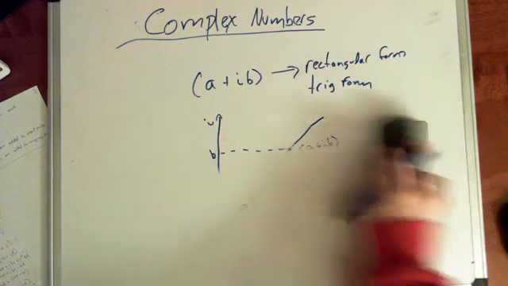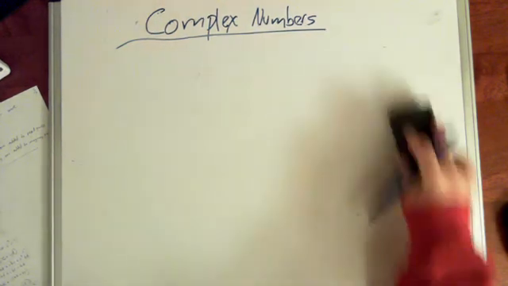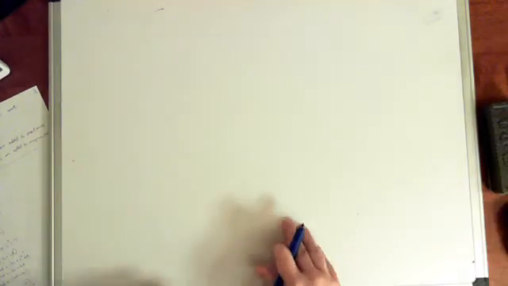So let's look at some addition. When we add complex numbers, the real parts are added to the real parts, and imaginary parts are added to the imaginary parts.